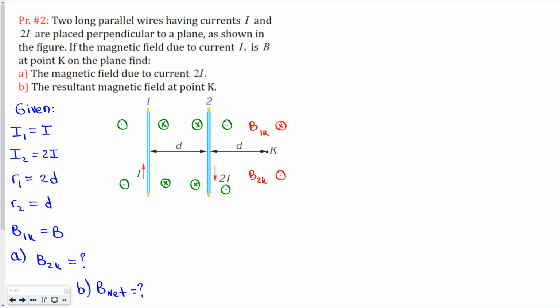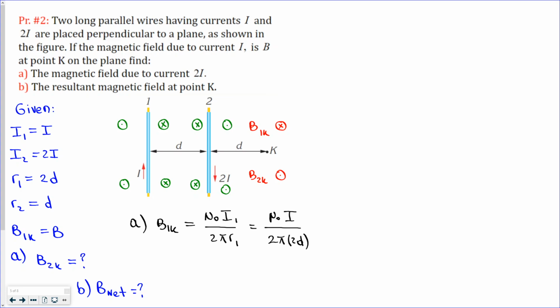And let's start from the A part. So B1K is equals to mu 0 I1 over 2 pi R1, and it will be equal to mu 0 I over 2 pi 2D.